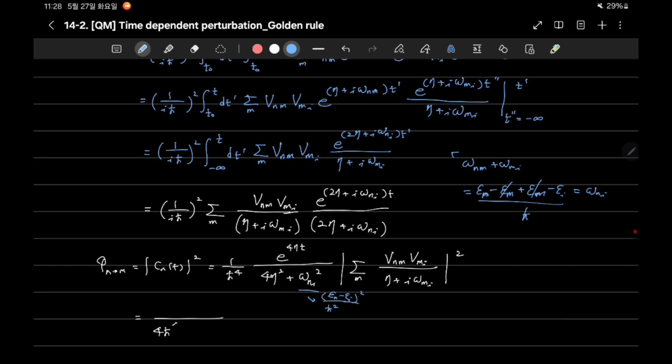So ħ to the 4, 4η squared plus (ε_n minus ε_i) squared, exponential of 4ηt, in summation over m. Okay, let's apply the ħ squared here.